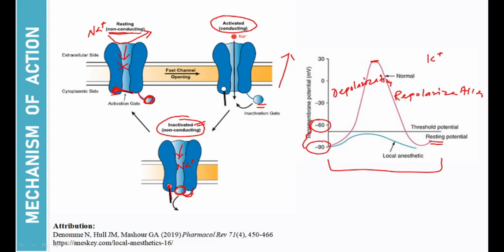That means the inactivation gate will be closed for a longer time, so there is no generation of action potential and no propagation of the action potential. As a result, local anesthetics stop impulse conduction and thereby inhibit the pain sensation from reaching the CNS.